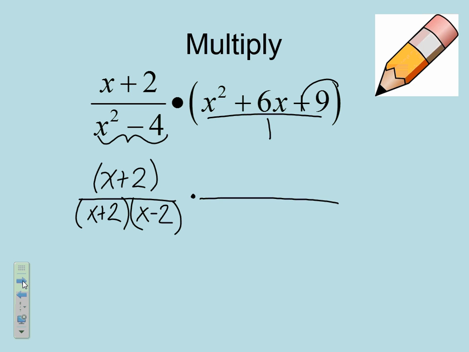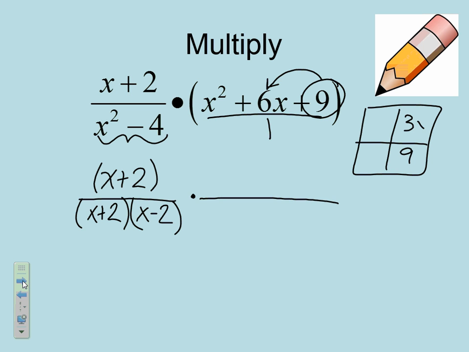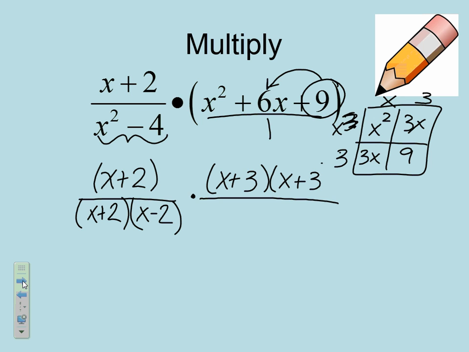What multiplies to make 9 and adds to make 6? 3 and 3, right. So we'd have 3x, x squared. So we'll go ahead and factor. Oops, that's an x. 3x, 3. So we'd end up with x plus 3 times another x plus 3. And the denominator's just 1.